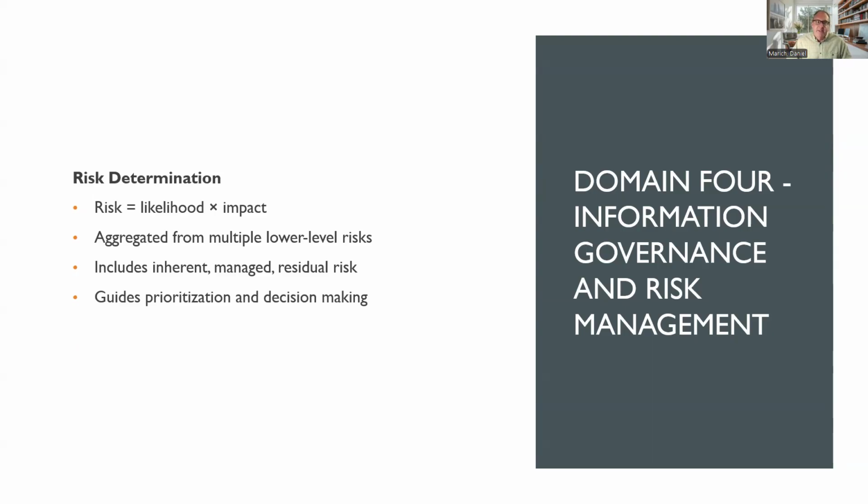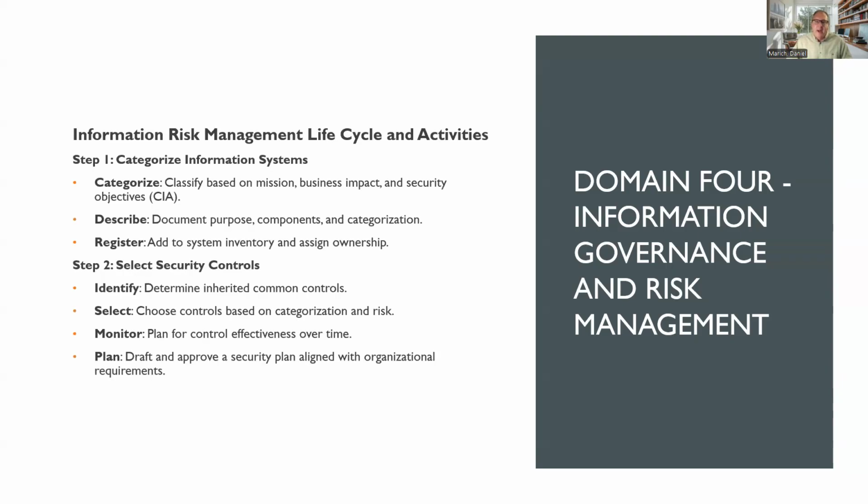In the end, it's still a function of likelihood and impact. All right. Aggregated from multiple lower level risks. So tier one, tier two, we get into that all here in the next domain, but it's an aggregation, right? Guides prioritization and decision making. Okay. Big concept echoed throughout the entire certification domains.